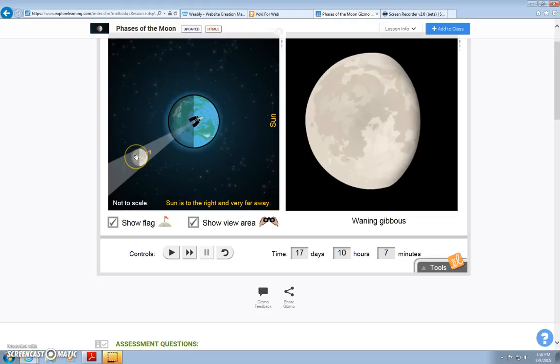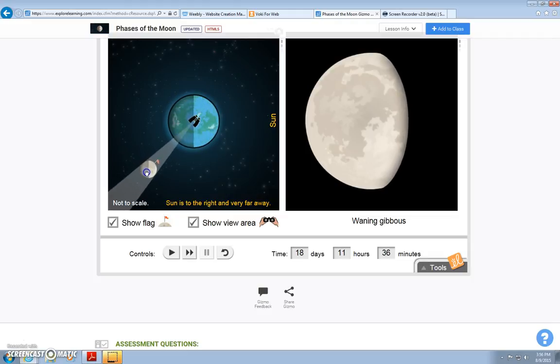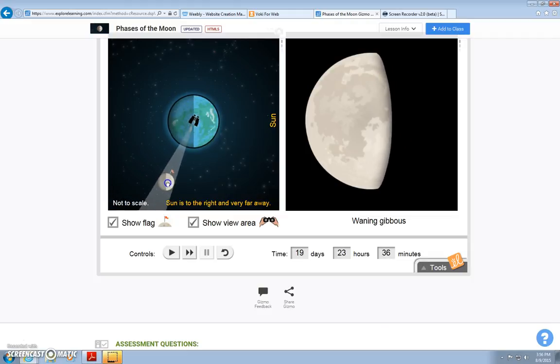So as I orbit my moon around the Earth more, I'm seeing that it's getting smaller. And I could write that in my science journal as well, or illustrate it. I could also note that, okay, maybe this word waning means getting smaller because the moon is getting smaller.